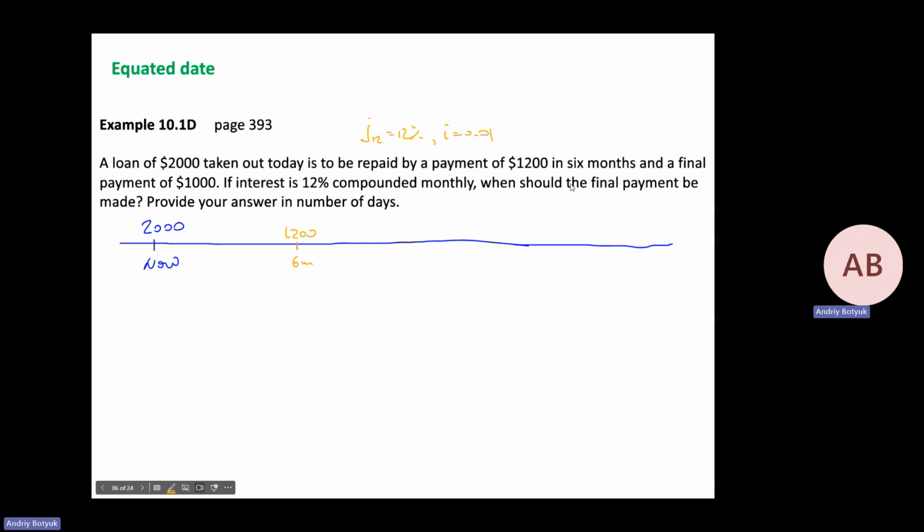When should the final payment be made? Provide your answer in number of days. Now question, did we pay interest on this loan? How much?